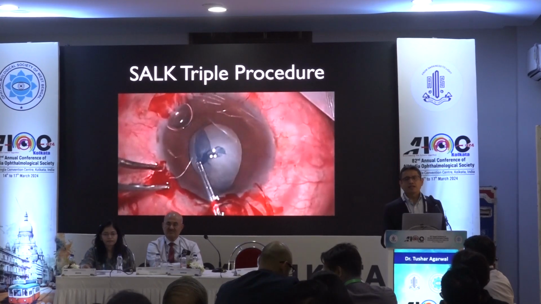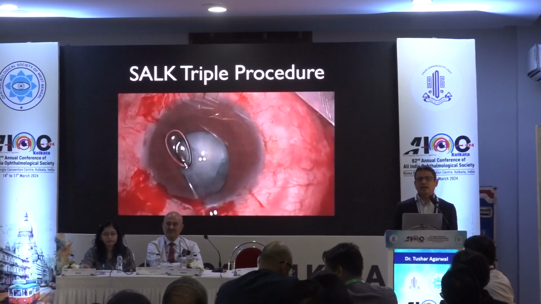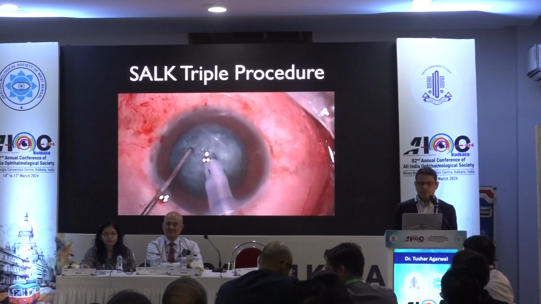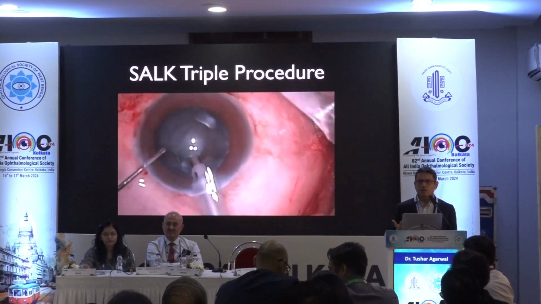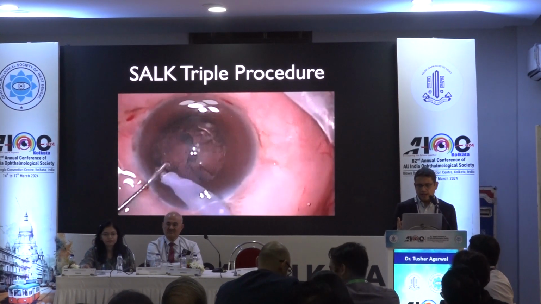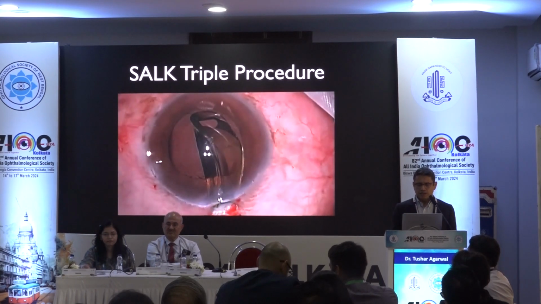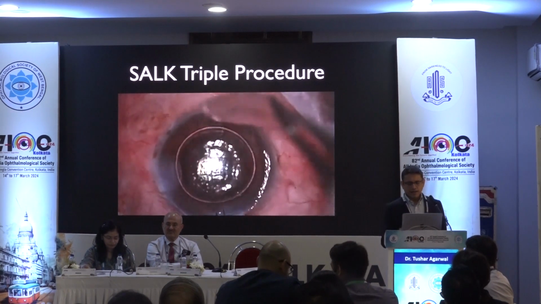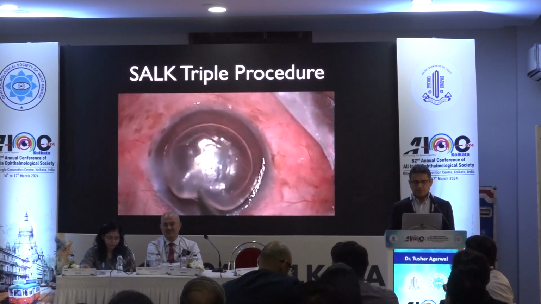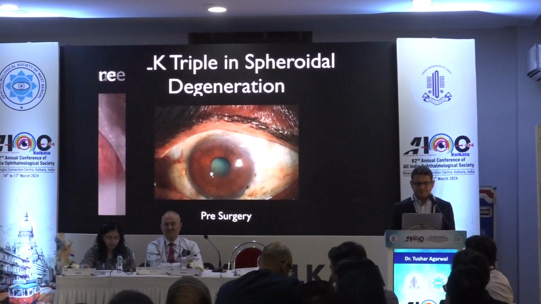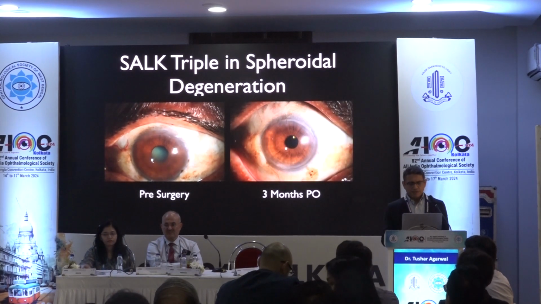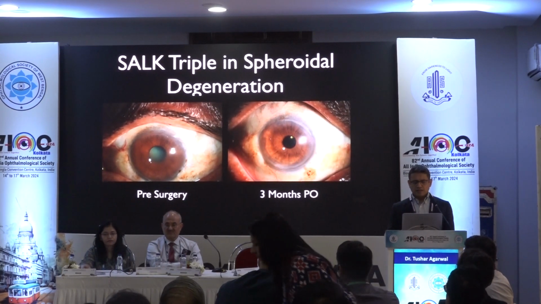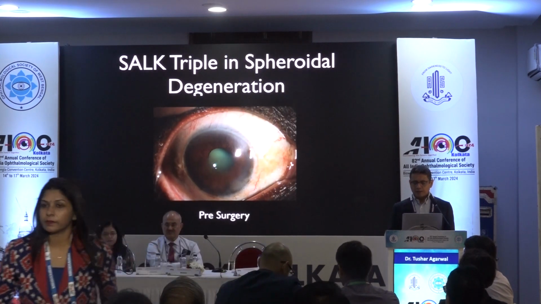And once you have done that, the only difference in these cases is that I like to put some air in the anterior chamber to have a taut host cornea. And I also like to apply a couple of sutures on the host cornea to have a very tight anterior chamber, and then the subsequent steps are similar in nature. These are a couple of patients who underwent this surgery, the triple procedure with SALC.